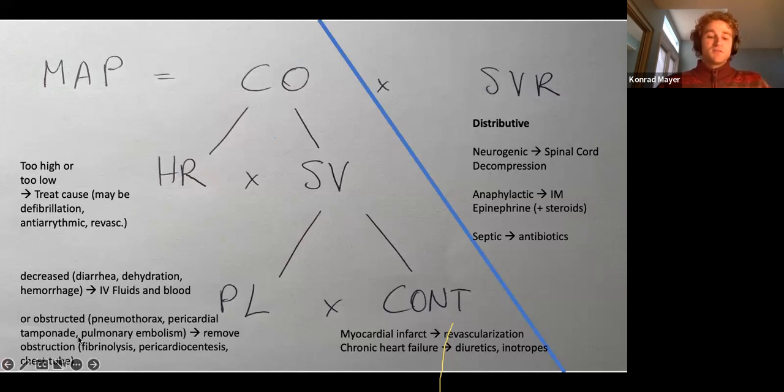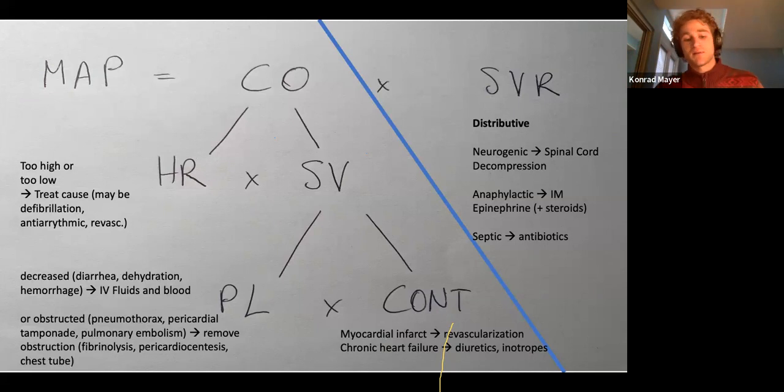If they have obstructive shock, if they have a pneumothorax, we have to dissolve the clot. If they have a pericardial tamponade, we have to do pericardiocentesis. If they have a pneumothorax, we have to put a chest tube and relieve the pressure from this pneumothorax.